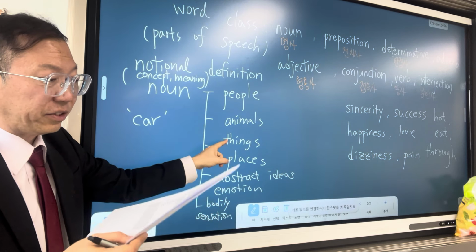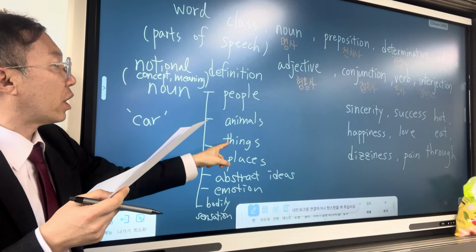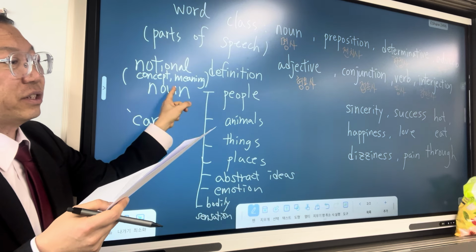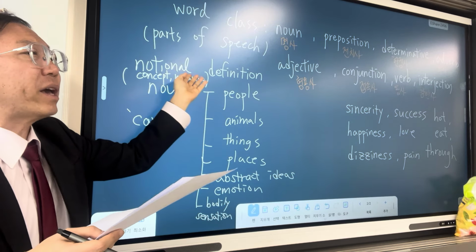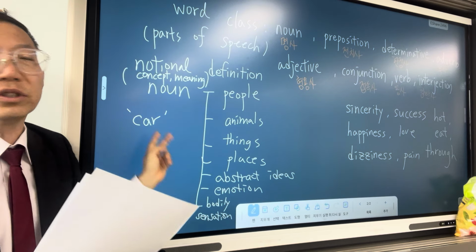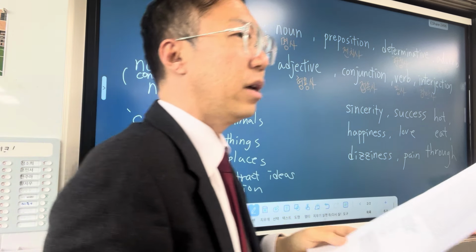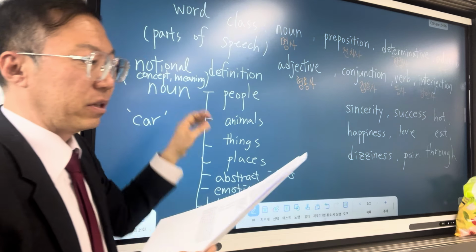And why is it on the list? Because it's a noun. So having a list just makes us go around in circular reasoning. It doesn't answer why car belongs to noun. That is the problem of just having a list in the noun definition.